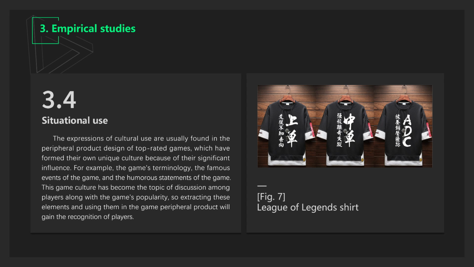This game culture has become a topic of discussion among players, along with the game's popularity. So extracting these elements and using them in game peripheral products will gain the recognition of players.